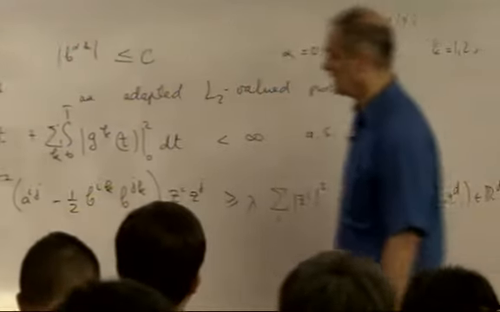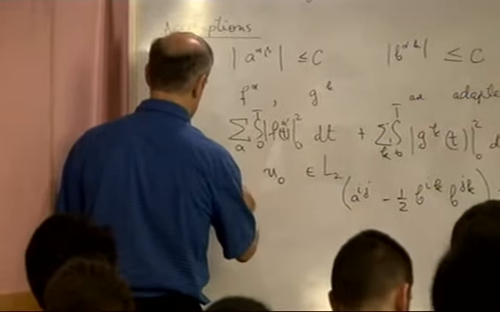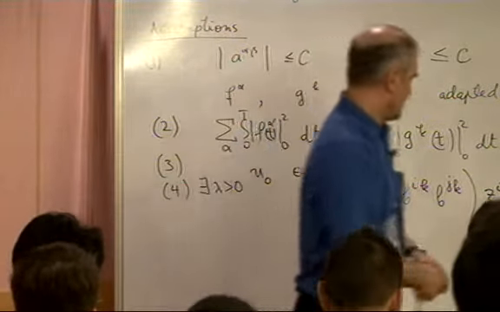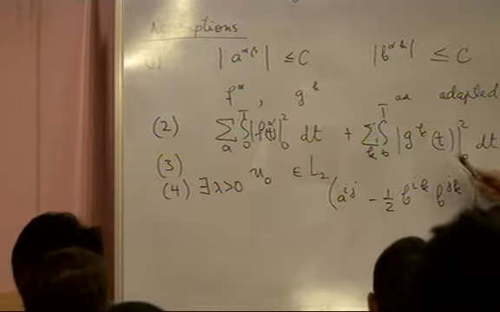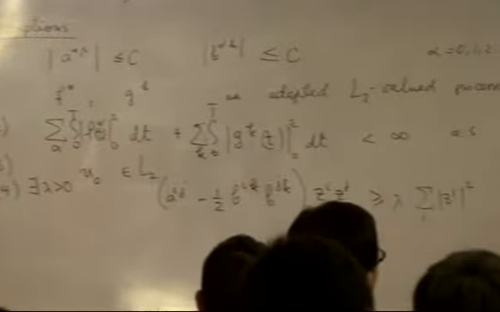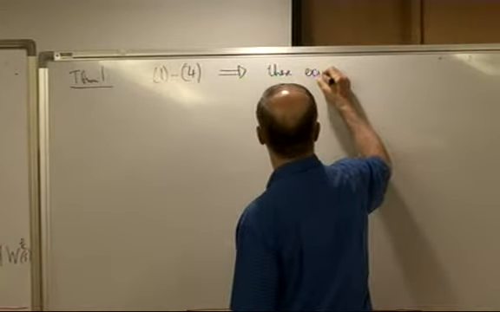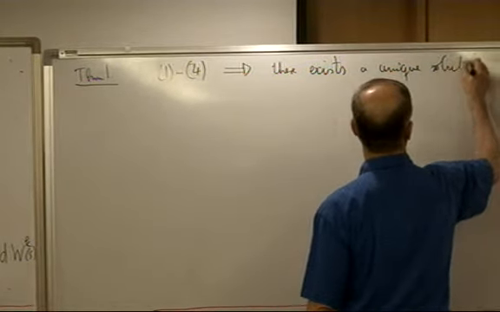I should have started by saying that there exists a positive constant lambda such that this is satisfied for almost every omega, t, for all x and z. If these conditions hold, then there exists a unique solution.